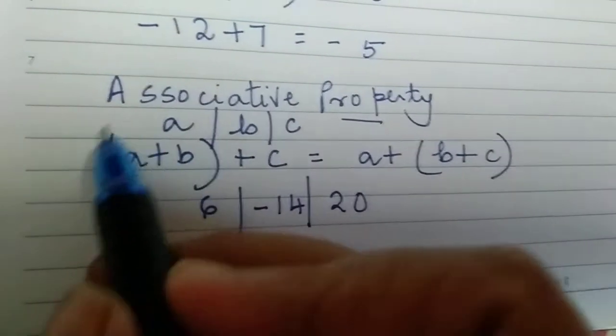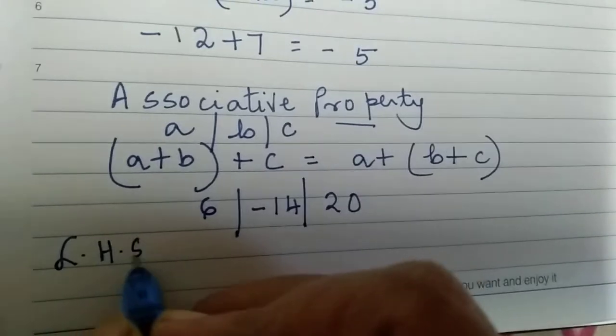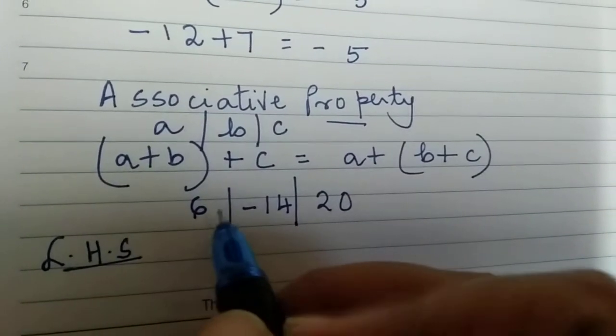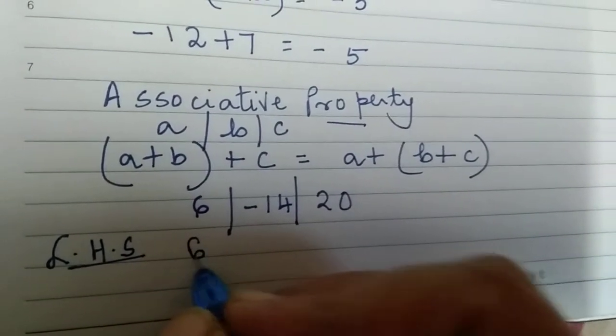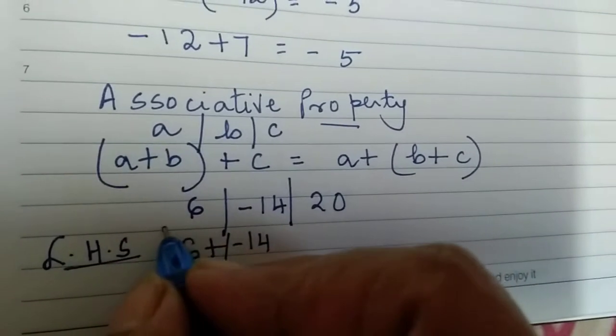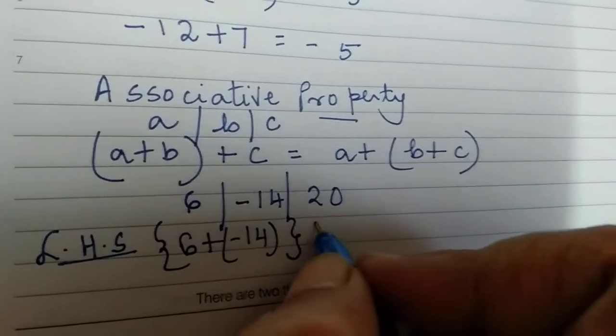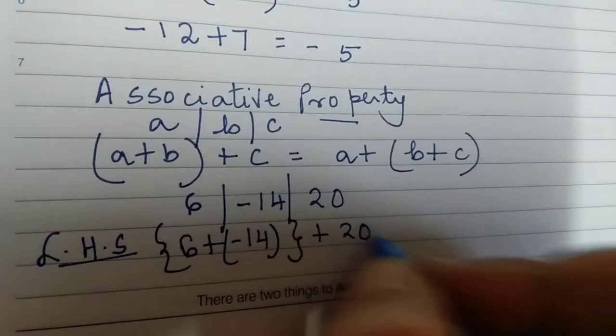So left hand side, this part is called the left hand side. What will I substitute for a? I will substitute 6 plus what is b? Minus 14. I'll put a second bracket because I've already put a first bracket here, plus 20.